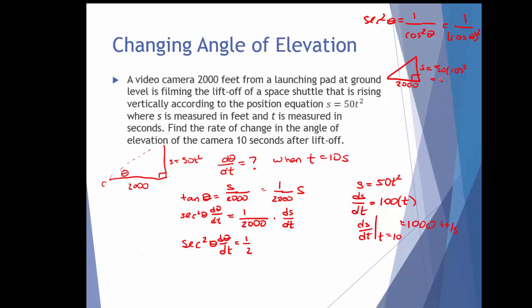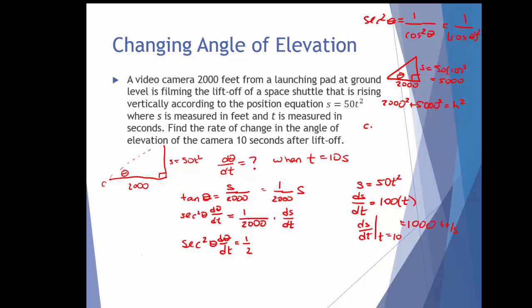So this length is 5,000. We want the cosine of this angle. Well, cosine is the adjacent over the hypotenuse, which means I need the hypotenuse. But the good news is I can just get it using the Pythagorean theorem.